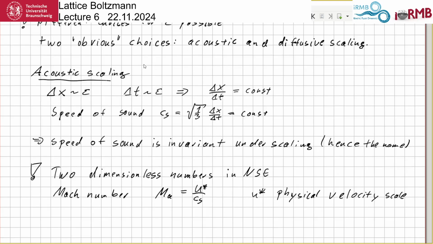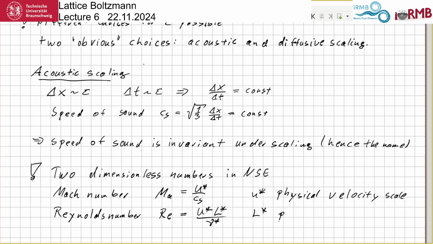The Mach number, the Reynolds number, okay, different ways of writing it. We write it with the kinematic viscosity.